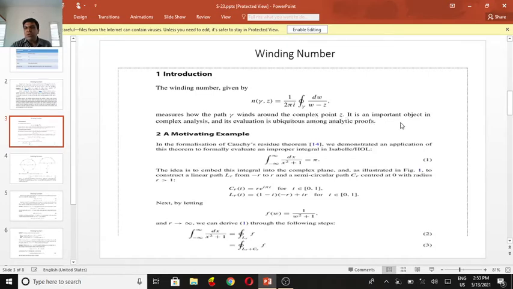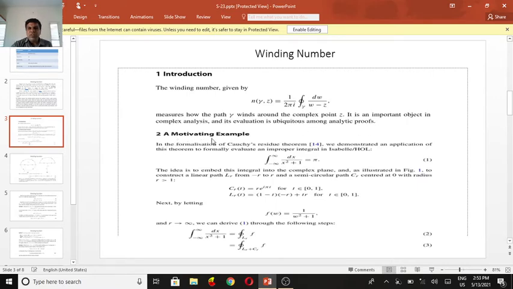It is an important object in complex analysis, and its evaluation is ubiquitous among the analytic groups.